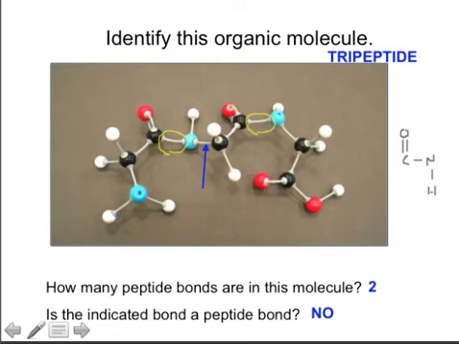This would be hooked to the rest of the amino acid of amino acid number 1, and this will be hooked to the rest of the amino acid of amino acid number 2. So the peptide bond, we're going to circle again in yellow, is this guy right here. He only exists between these 2 particular types of atoms. This is part of the covalent backbone that holds proteins together.